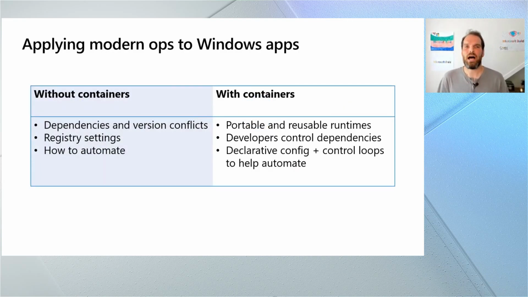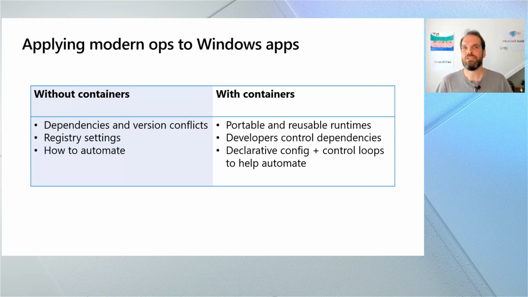So what does it mean to apply modern operations to Windows applications? Well, if we take a look at what a lot of customers, a lot of users are doing today to operate Windows applications, consider a scenario where you need to host multiple applications, maybe from different development teams or even different suppliers on the same set of servers. You need to deal with things like dependency and potential version conflicts that you can have from having multiple applications there. You also need to deal with registry settings and how to automate things like scaling and rollout of these applications.